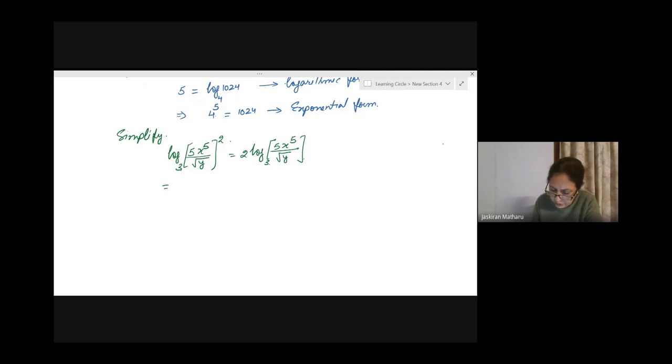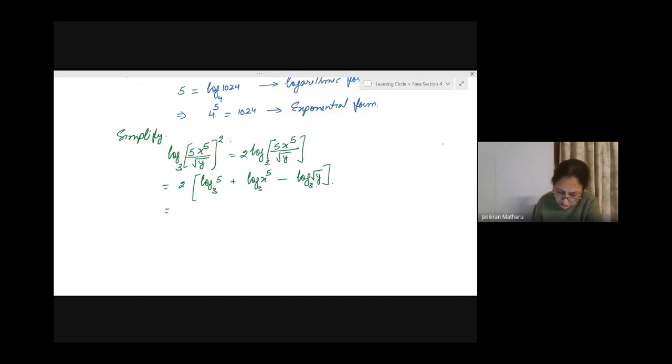Then we can further simplify this. These are getting multiplied and this is getting divided. So the terms which are multiplied will get added and this one will get subtracted. So this will be twice log 5 to the base 3 plus log x to the power 5 minus log square root of y, and all of them will have the base 3.